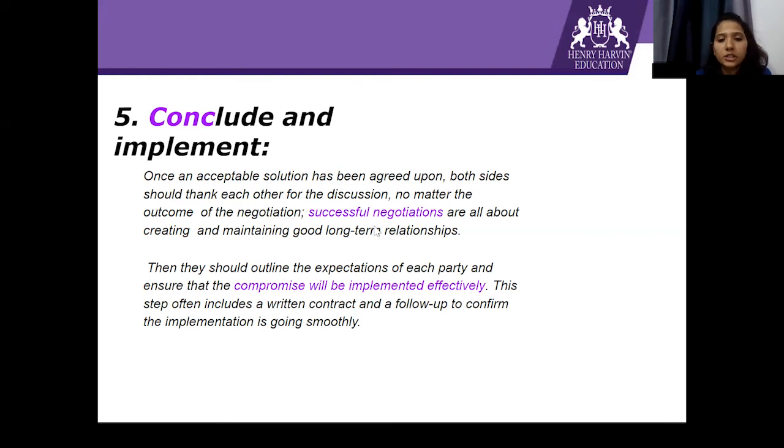Successful negotiations are about creating and maintaining good long-term relationships. Now, again, with yesterday's example, the first scenario, which is the assistant manager. Here it was very essential to maintain long-term relationships, correct? So of course you cannot argue and say, no, I'm not willing to compromise, because at the end of the day, you want them as much as they want you.